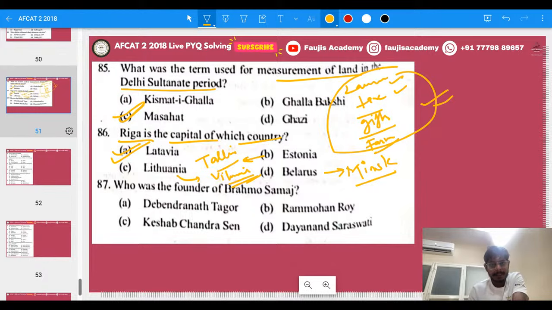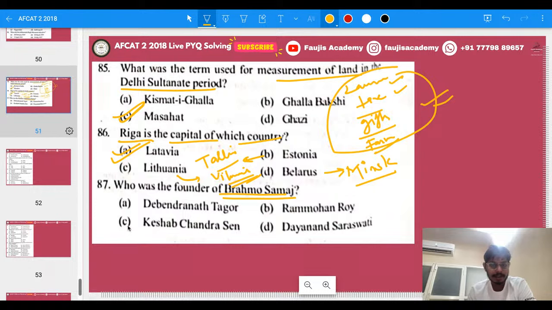Who was the founder of Brahmo Samaj? I think your history ma'am must have taught you Brahmo Samaj, right? We studied the Shuddhi movement the other day.